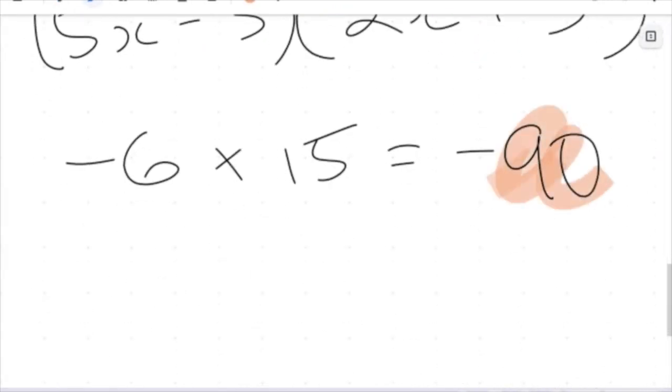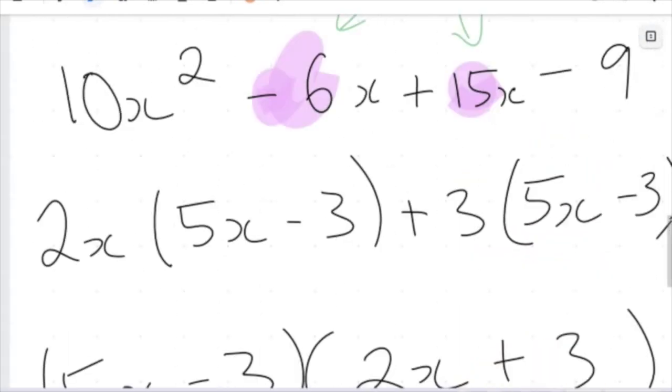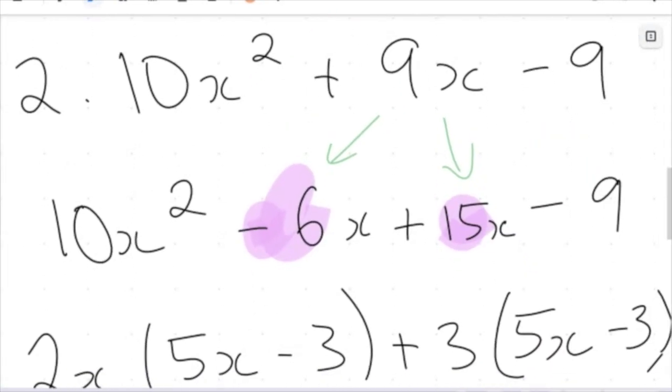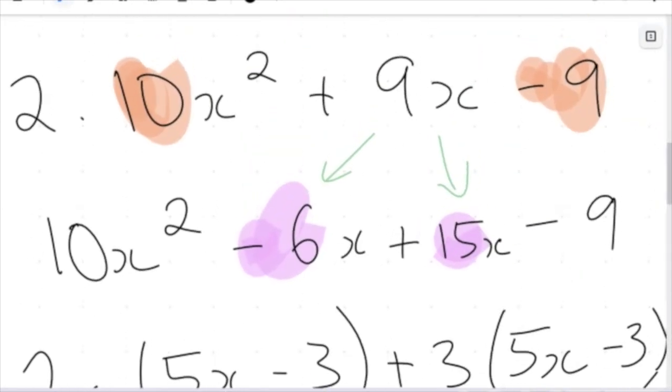Can I make this -90 out of anything else here? Well, -90 is the product of my first coefficient a and my last coefficient -9. So that's kind of interesting. So my product here, if I were to do PSF, my product was no longer the c.